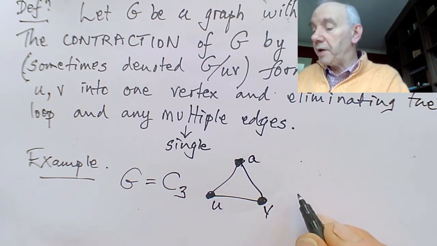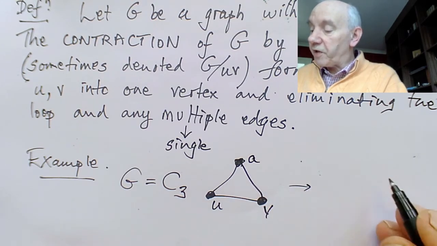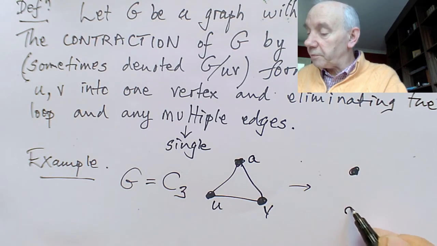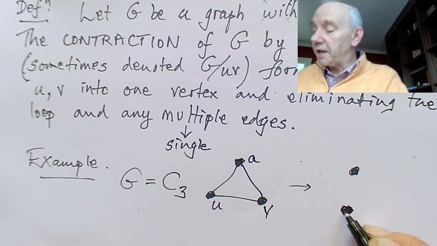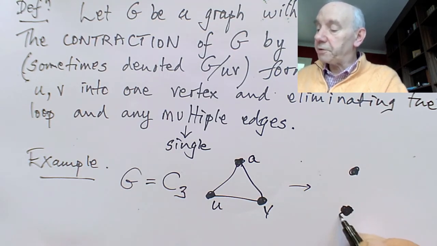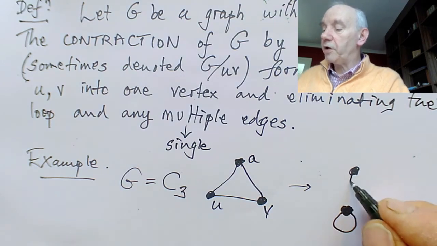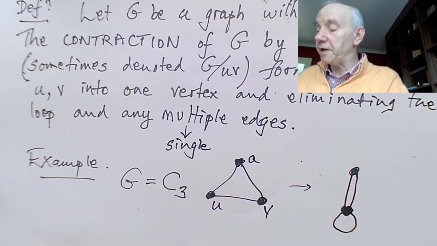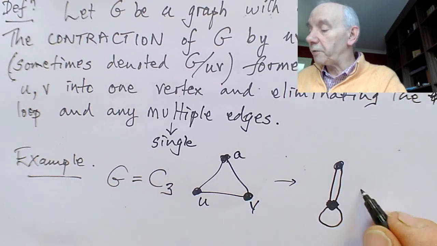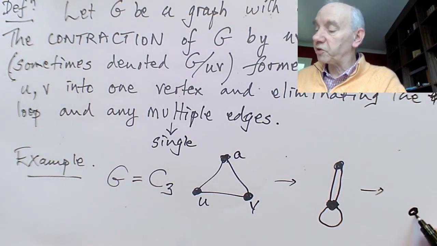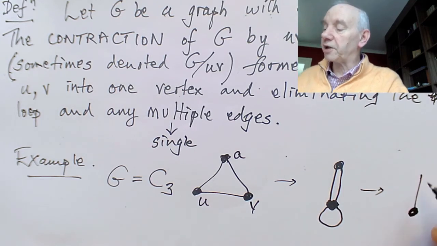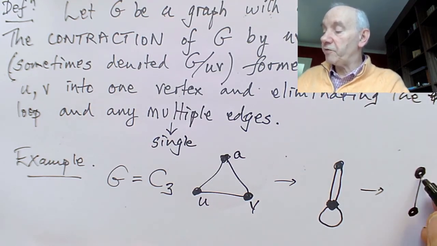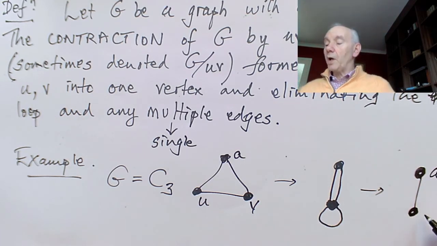What would happen is that you'd have the vertex A here, U and V would become a single vertex, and you'd get a loop here, and two edges coming down from A to the new vertex. But the idea is that we eliminate the loop. We don't want any loops, and we don't want any multiple edges, so the multiple edge becomes a single edge. So the contraction is just this graph here. We have A, and a new vertex there.